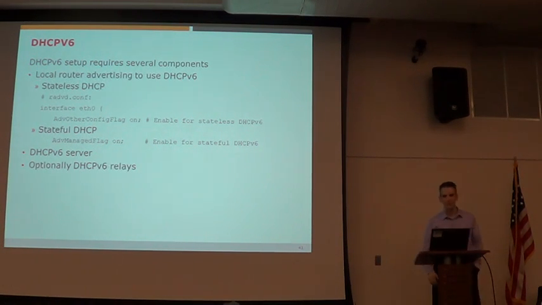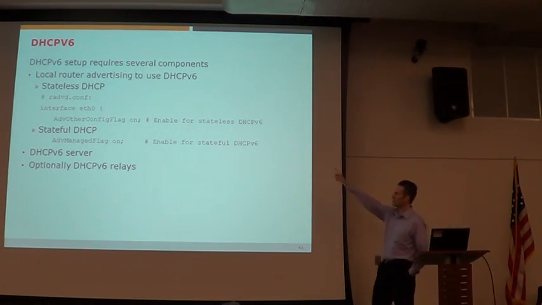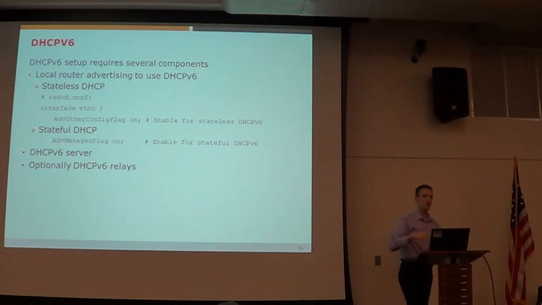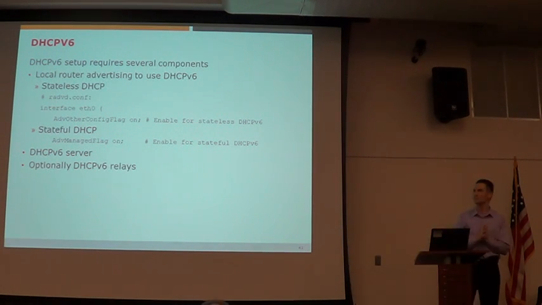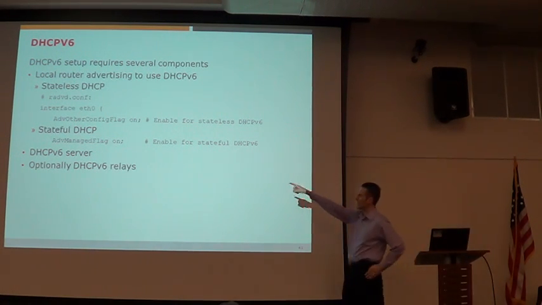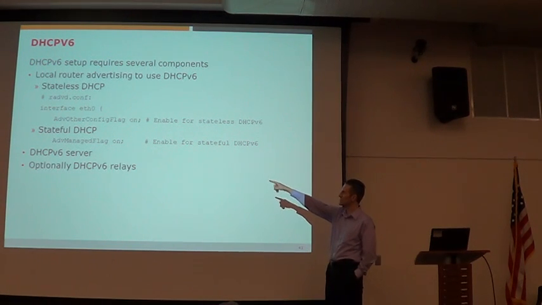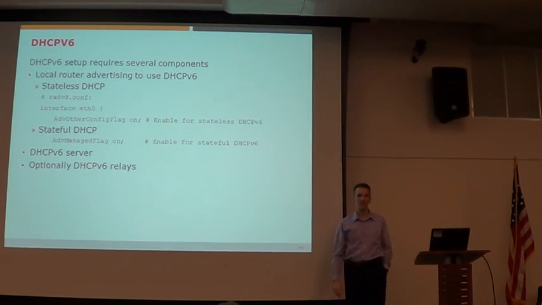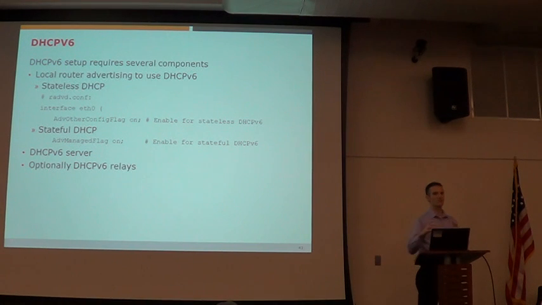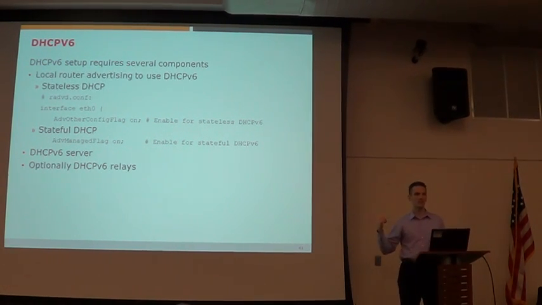Okay, so in order to make these work, remember there's that hook into the router advertisement daemon. I have to go back into my conf file, and there are two flags: the managed flag and the other flag. The other flag is for when the router advertisement daemon is basically doing SLAAC, where it just hands out a prefix and everybody automatically configures themselves, so I don't need to get an address from DHCP.